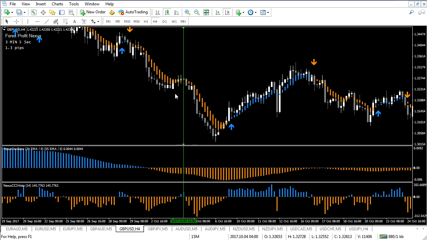Oftentimes the wave will turn blue, changing color with the CCI a little bit later, but there's an instance where it doesn't happen. The wave stays orange. And then the CCI goes from blue back to orange again. So we do have an opportunity there to go short.